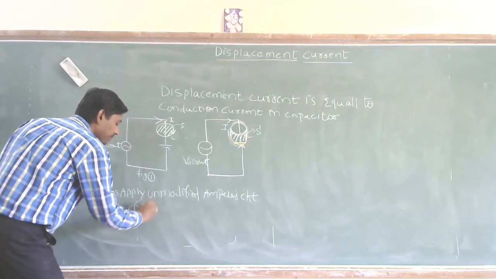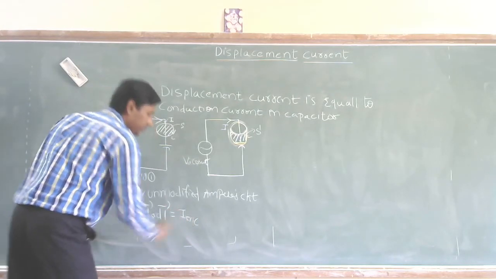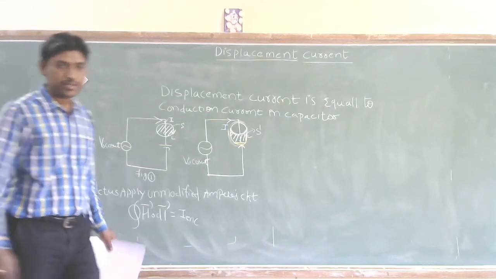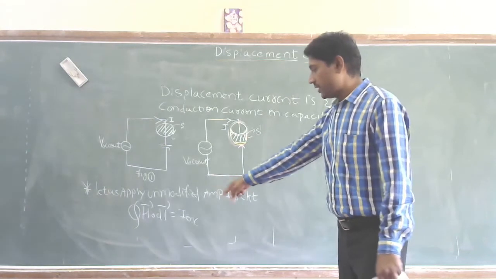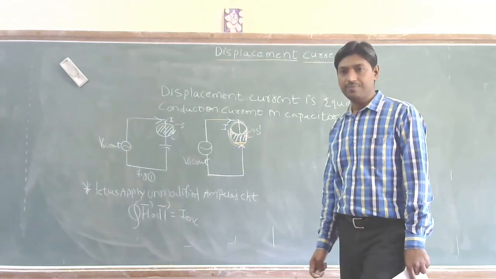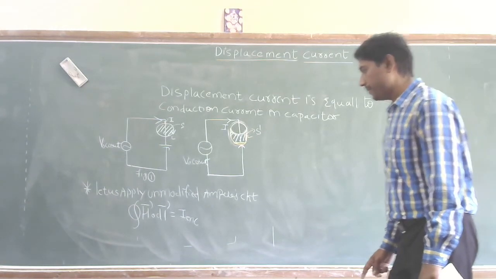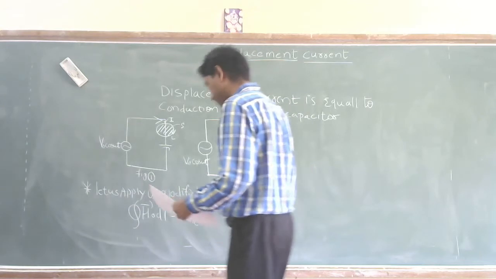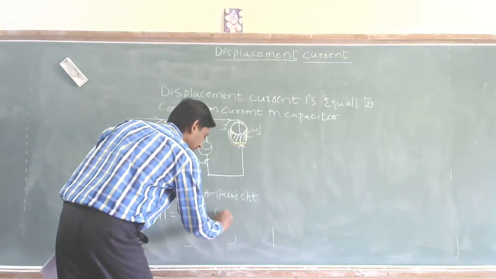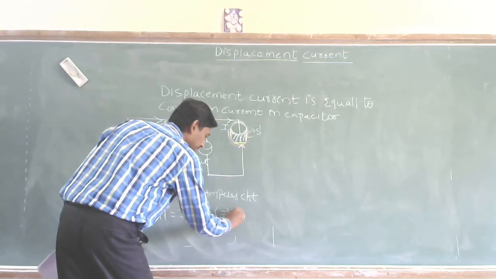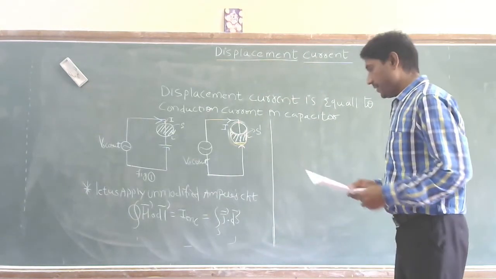H dot dl is equal to I enclosed. That is known to us. The modified Ampere circuit law is H dot dl equal to I plus id. And this I enclosed, we know, is the integral of J dot ds.